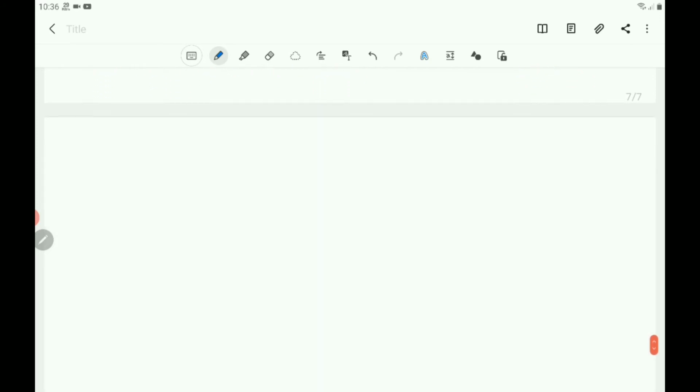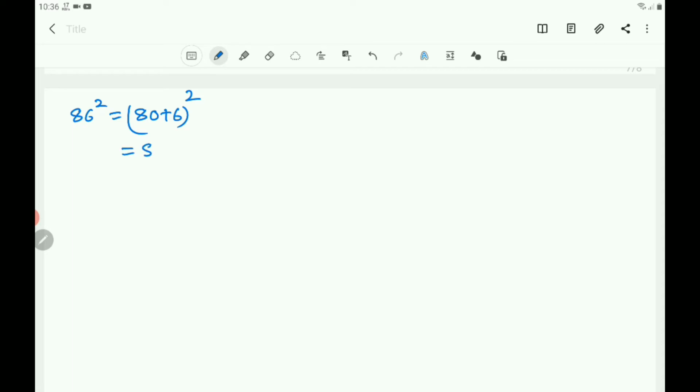Next one, 86 square. 86 square, you can write it as (80 plus 6) whole square, that is (80 plus 6) into (80 plus 6).